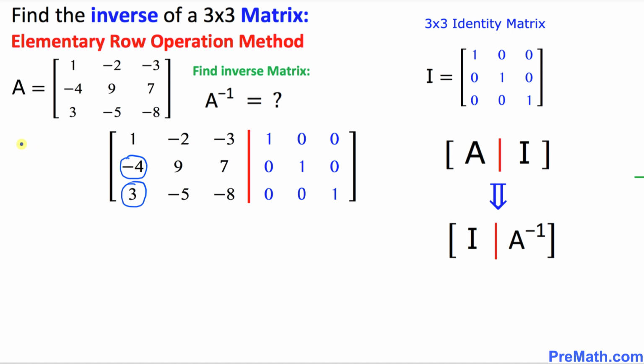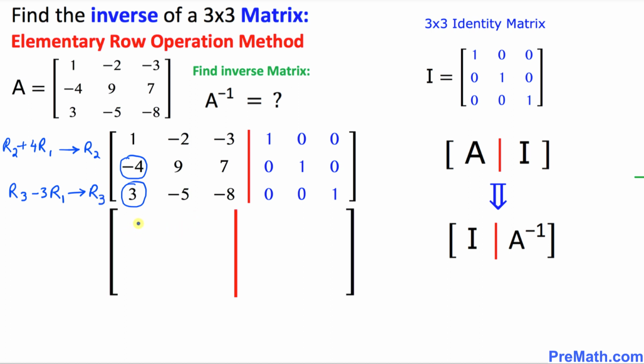These are the operations I'm going to be performing: row 2 plus 4 times row 1, and we are going to put down the answer in row 2, and likewise row 3 minus 3 times row 1, and our answer will go in row 3.